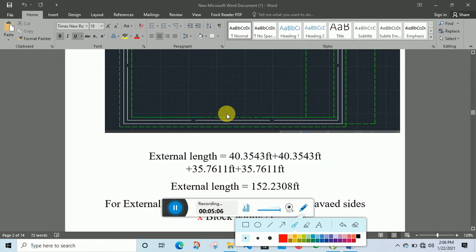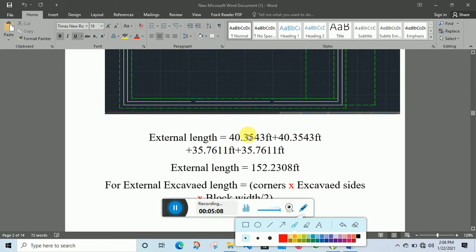Now we have to calculate the external length.